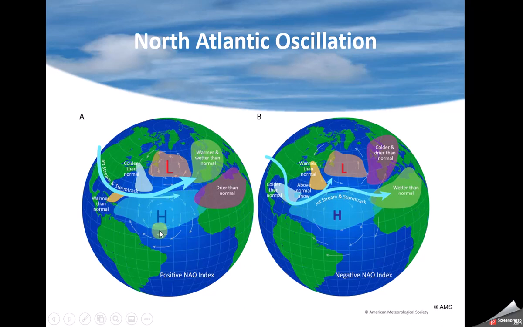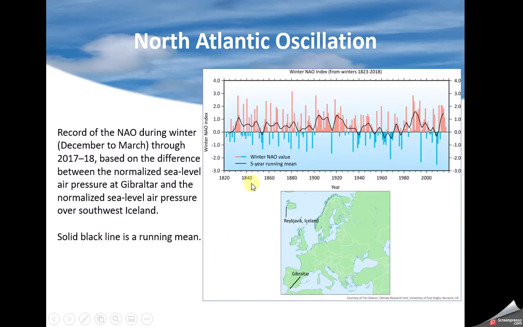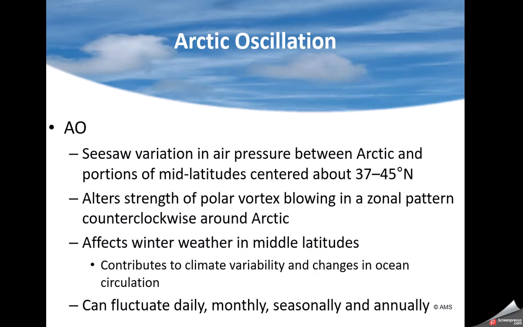You can see here a positive NAO, storm tracks are a little further north, a little colder. A negative NAO, we get more nor'easters. One of the toughest things to do in the wintertime is forecasting the North Atlantic oscillation, because when we get it right, we can make a major impact on how the winter is going to occur.